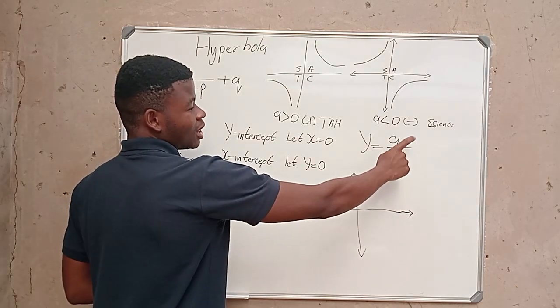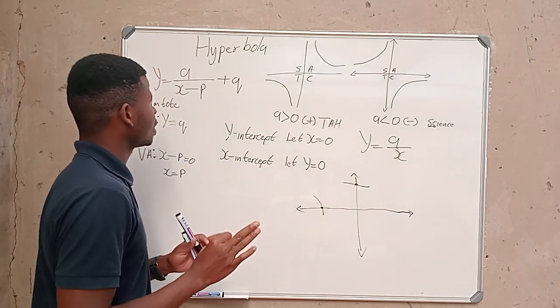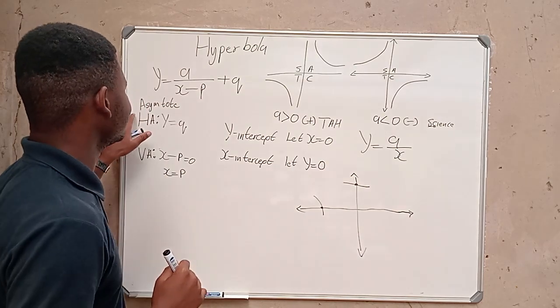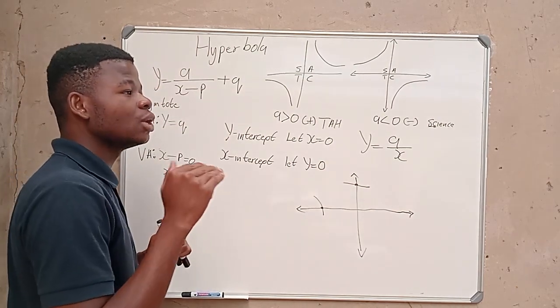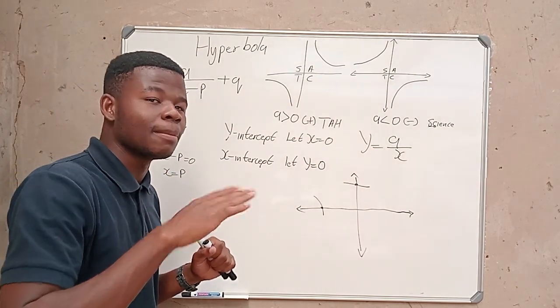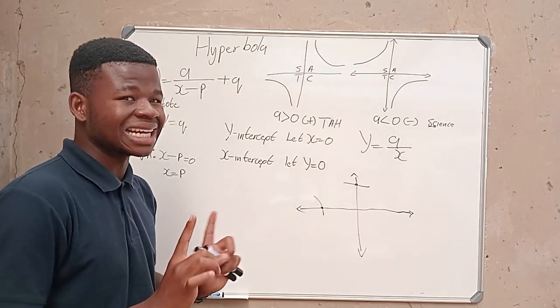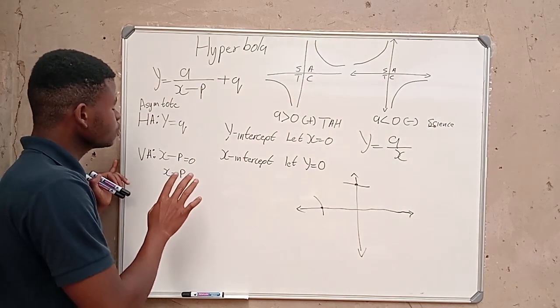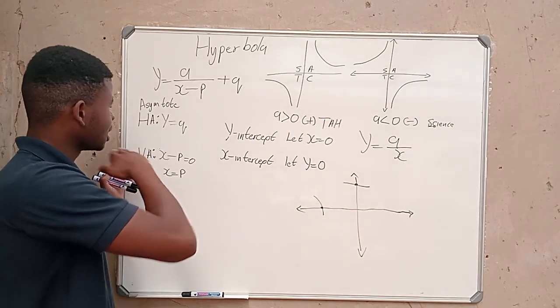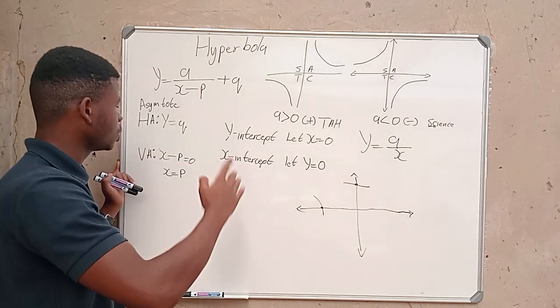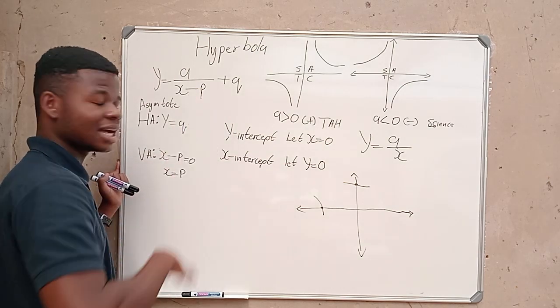I have explained what the a does. Let's go to the asymptote. The asymptotes are the lines which our graph approaches but does not touch. The asymptotes are divided into two: there is the horizontal asymptote and the vertical asymptote.